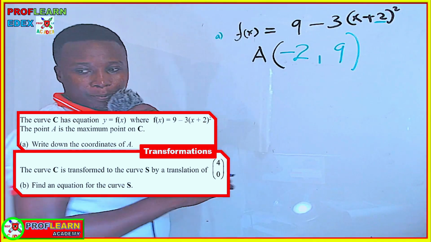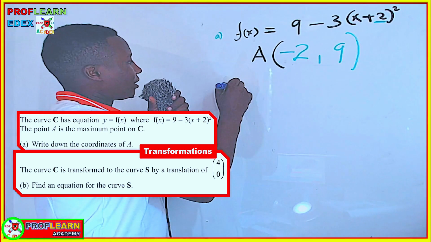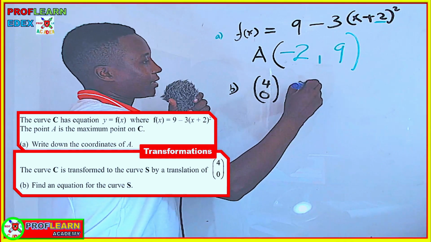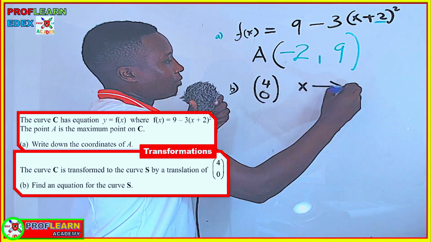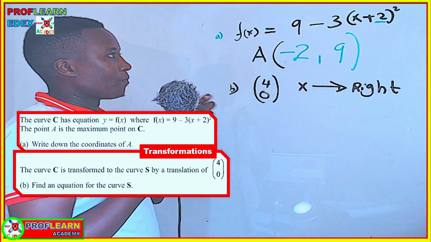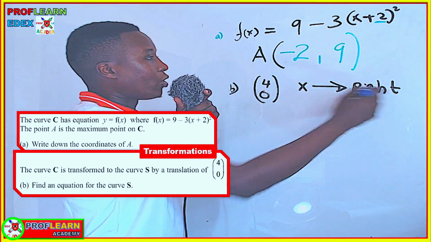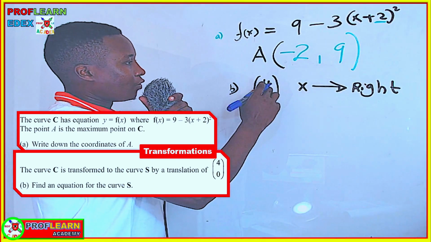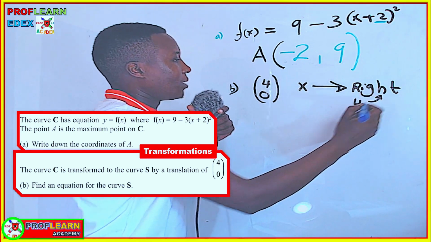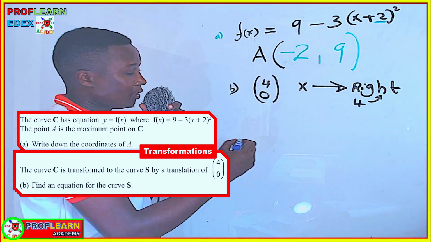Then we are supposed to find the equation of S, but we are given the translation (4, 0), meaning that x values are moving to the right. So if they are moving to the right, whenever you are going to write this transformation, it means we are going to subtract the value, 4 units to the right. So meaning we are going to subtract this 4 when we're writing the formula of C.